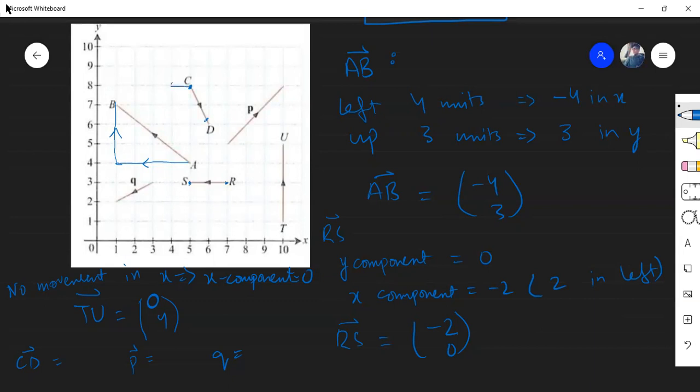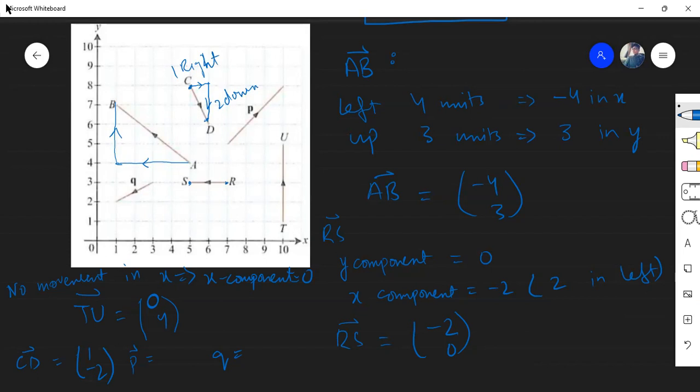So it's (+1, -2). Why? Because you go one to the right and 2 down. So it's (1, -2).